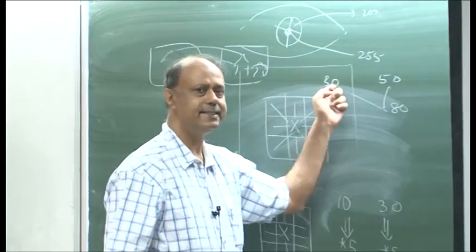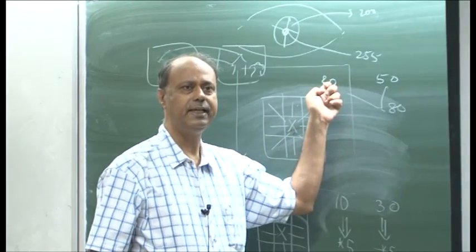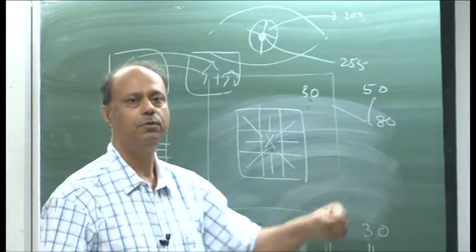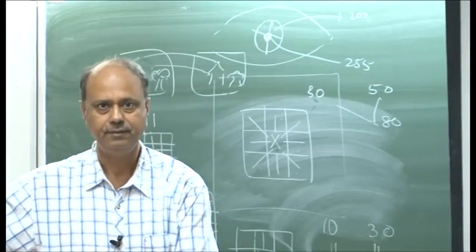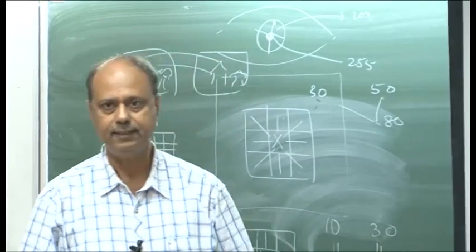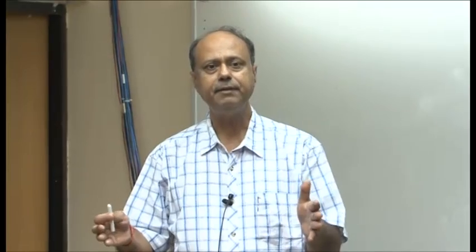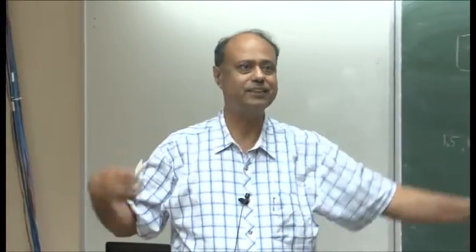So, if my minimum intensity value was 30 on one image and 50 on another, the minimum value will be 80. It is shifting to the larger side, and the range of intensity levels will be on the higher side, but it will not be stretched.